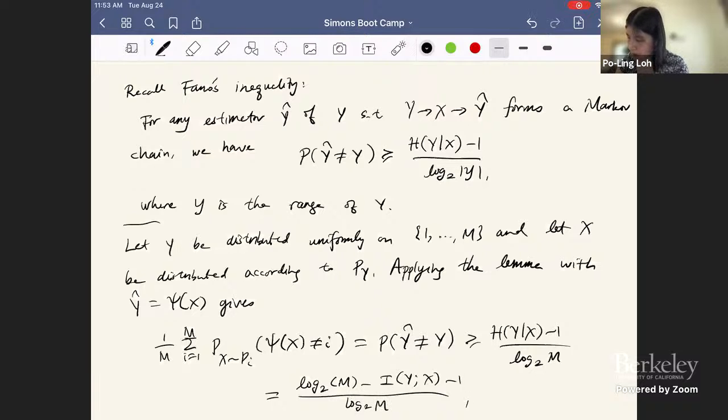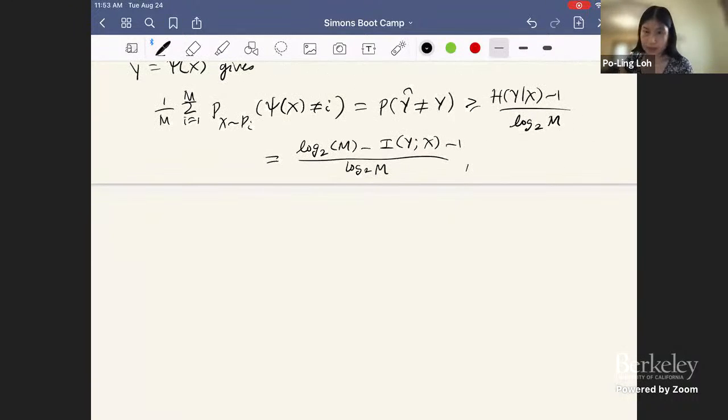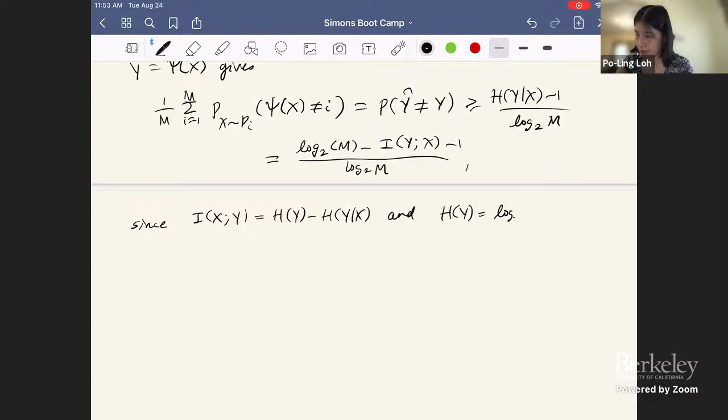And why is this true? Well, this is just because of the conditional entropy, since I of x, y, or I of y, x, is equal to h of y minus h of y given x, and h of y is equal to log base 2 of m, since y is uniform.